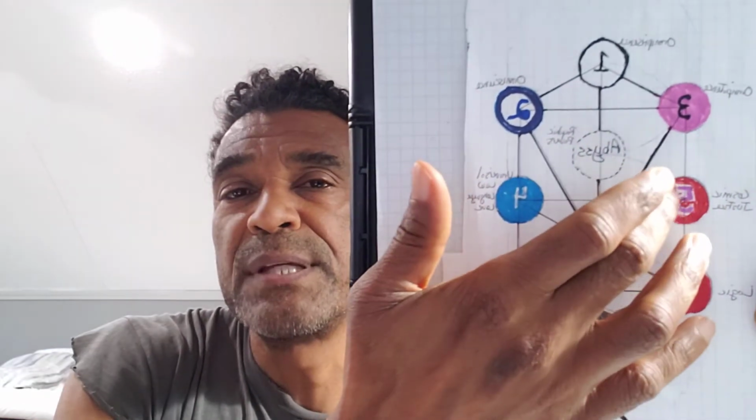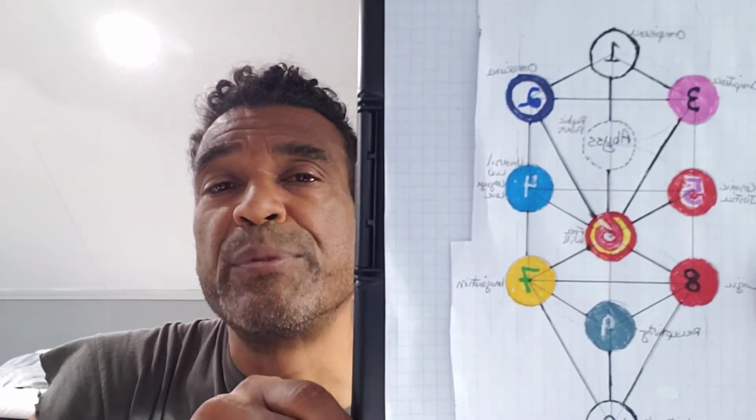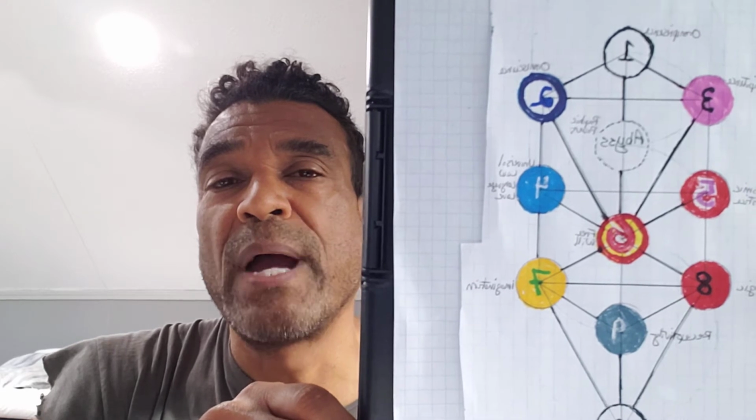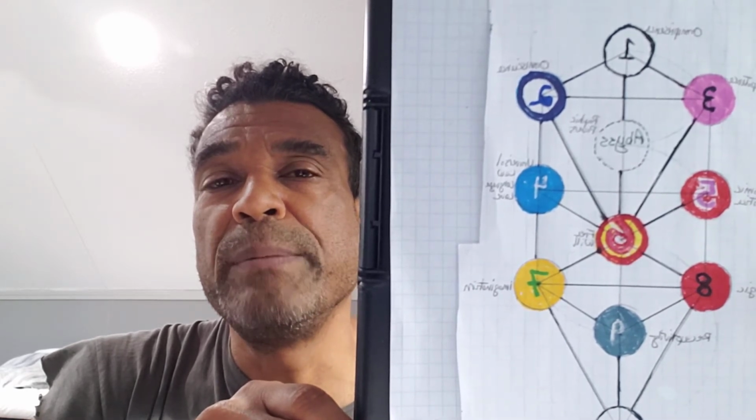And that evolves further as we go to the 5th and 4th spheres, but the 5th sphere is our sense of justice, in particular karma. What comes around goes around. As you sow, so shall you reap.